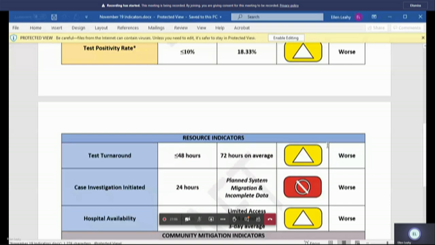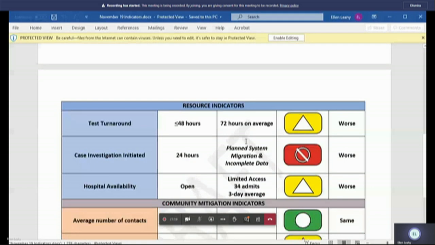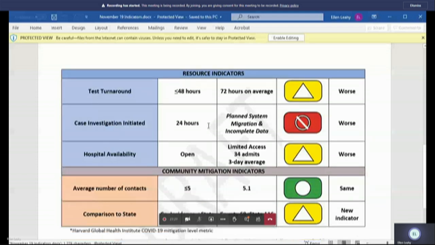And this has worsened. And on average now, they're coming back at 72 hours. So if they get longer than that, that's really difficult in terms of getting a person in their contacts isolated and quarantined. Knowingly, anyhow, many people will agree to stay isolated without the test result.